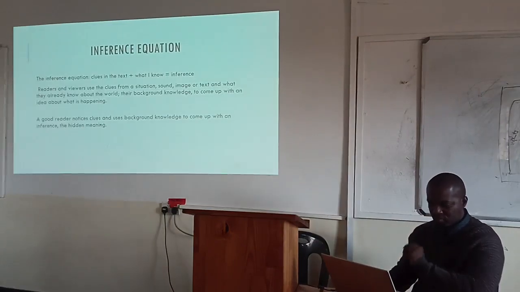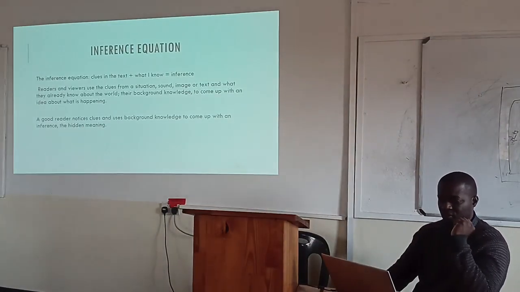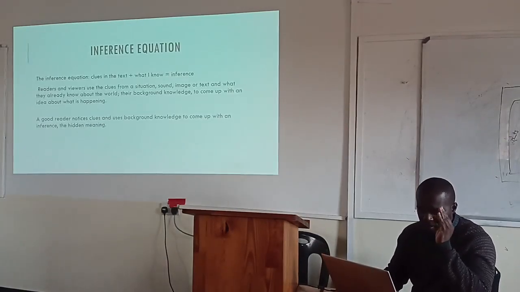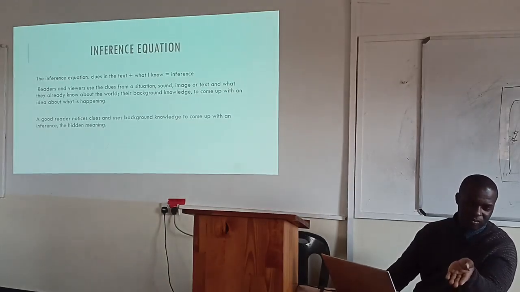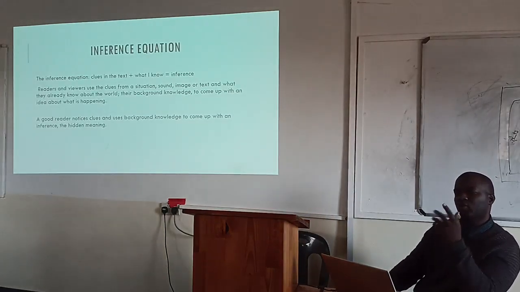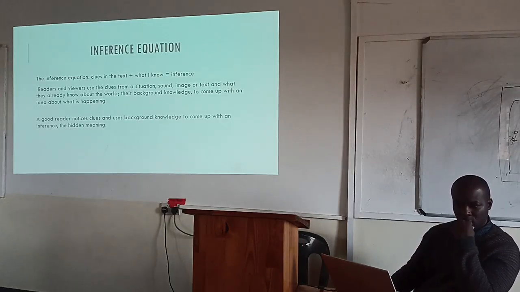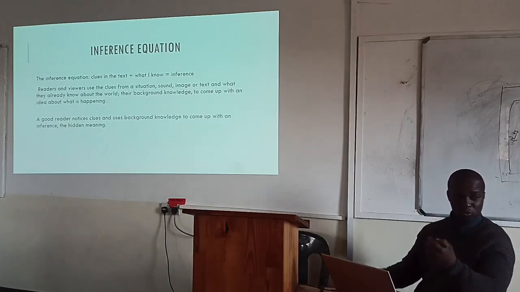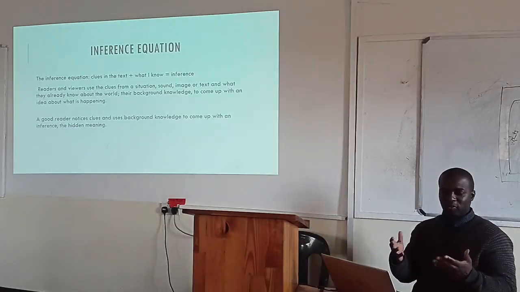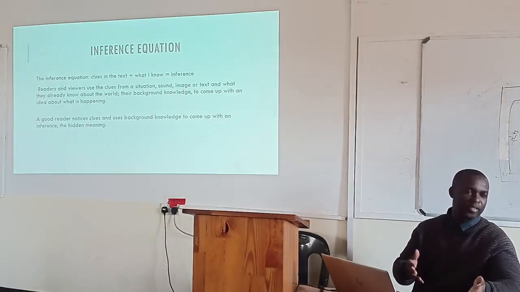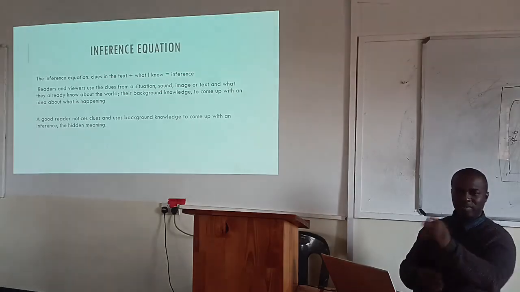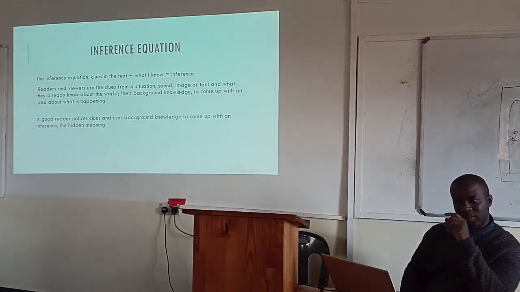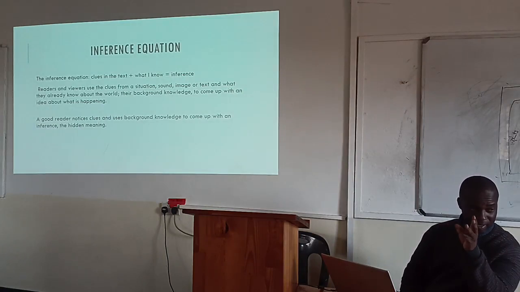So here our inference equation could be clues in the text. There's a body of text, you are looking at it, and it's giving clues, right? It has hair, it has got three fingers, so those are clues. It's not being mentioned that they are talking about maybe a dog, but they will describe a dog, right?